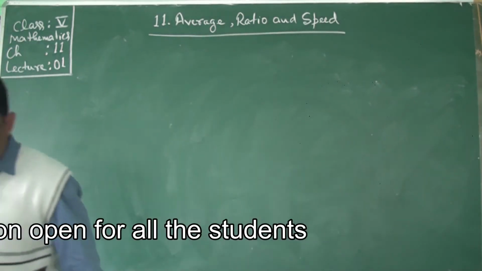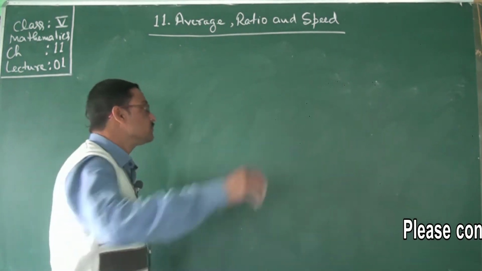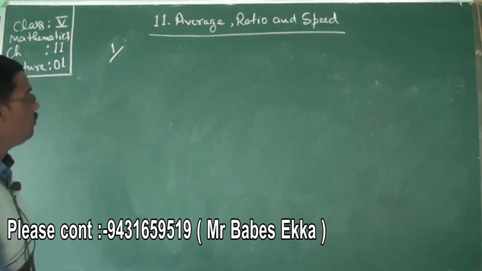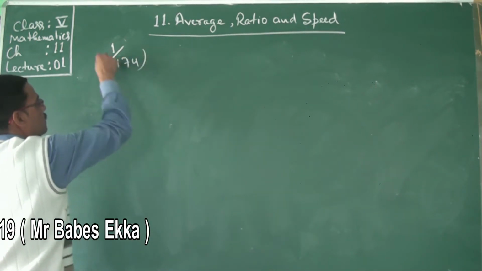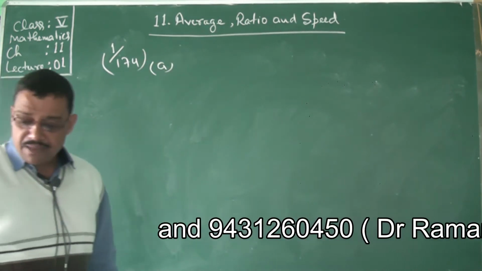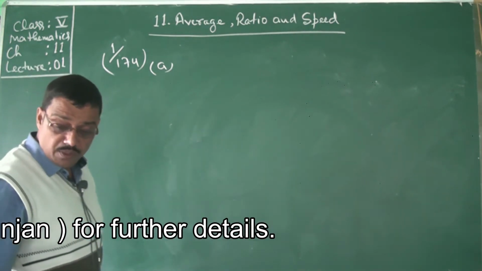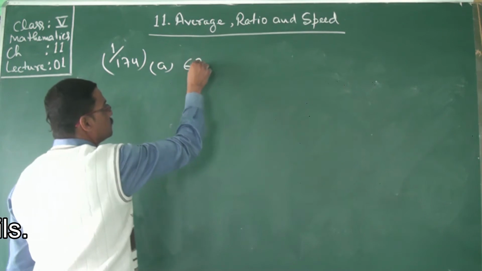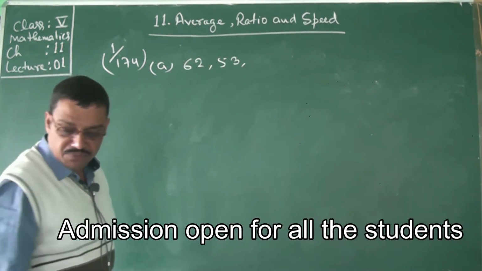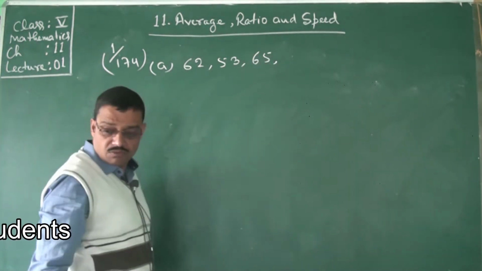Let me explain the first one, that is on page number 174, the A number sum of the first. Find the average of the following. The numbers are 62, 53, 65 and 48.